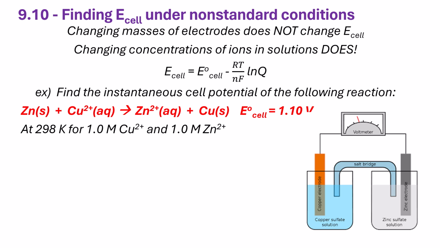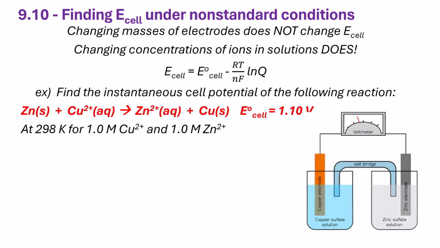Well, we should already know that since we are at 298 K and we are at 1 molar each for our solutions, those are standard conditions. Technically, also 1 atmosphere is standard, but we're not really dealing with gases here, so it doesn't really matter. But we're under standard conditions.